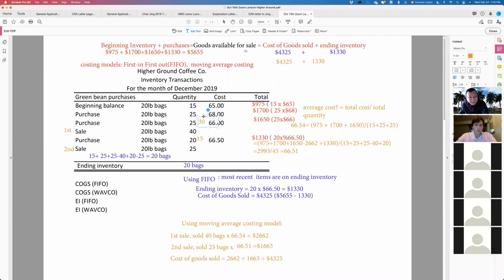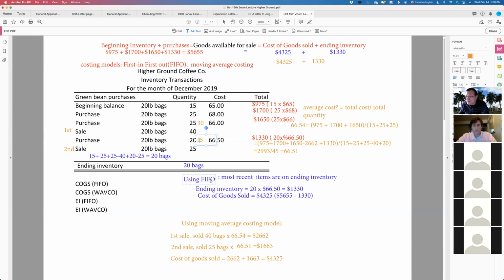Suppose we have 5 extra bags purchased in the second purchase, and in the third purchase there are only 15 bags purchased. And you know in the ending inventory you have 20 bags, right?